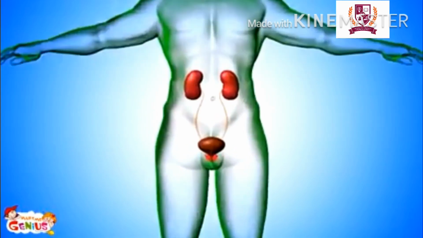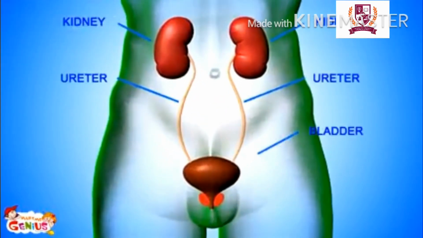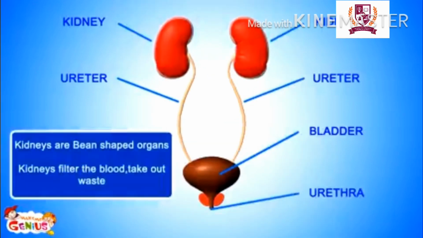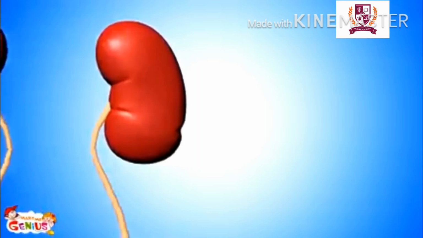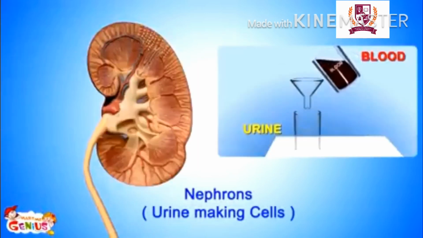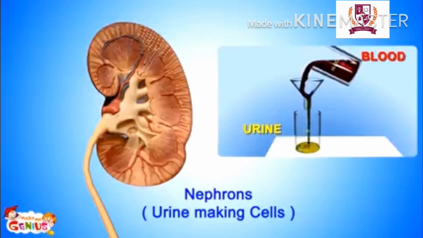The excretory system in human beings consists of a pair of kidneys, a pair of ureters, urinary bladder, and urethra. Kidneys are bean-shaped structures comprising millions of filtration units inside them. These filtration units, called nephrons, filter the blood from nitrogenous waste and form the urine.